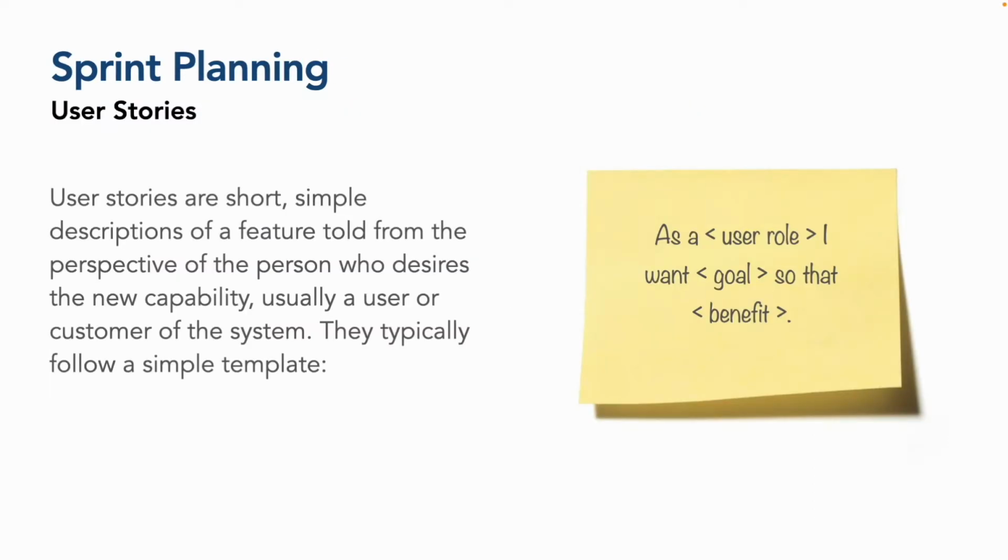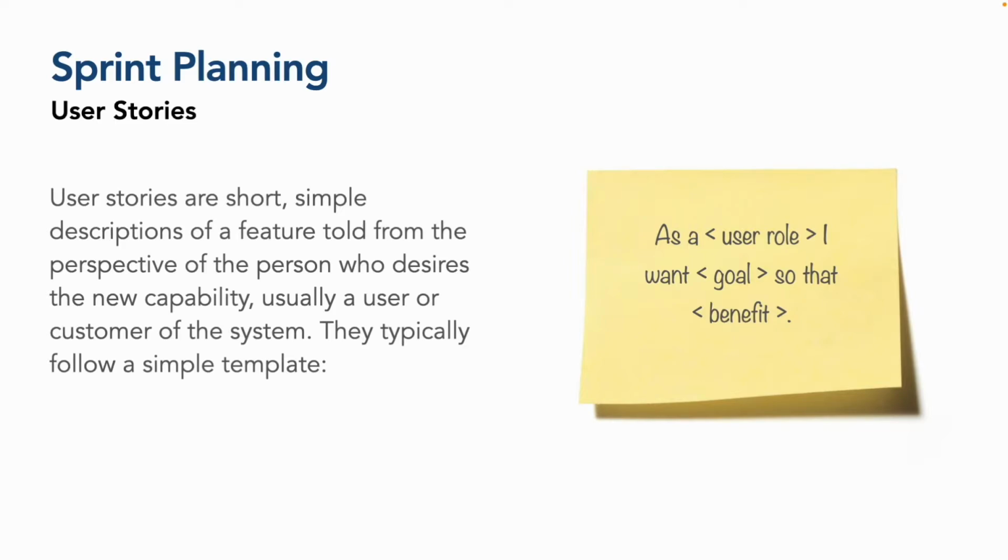Now, product backlog items or customer requirements are presented from the customer perspective, and those are called user stories. So a user story is a short, simple description of a feature told from the perspective of the user who desires the new capability. So it would normally be a user or a customer of the system. They typically follow a very simple template.